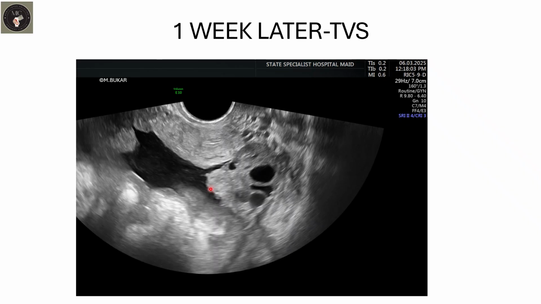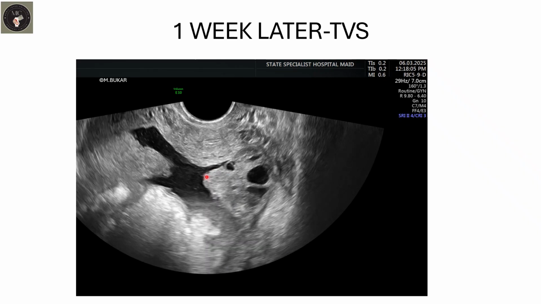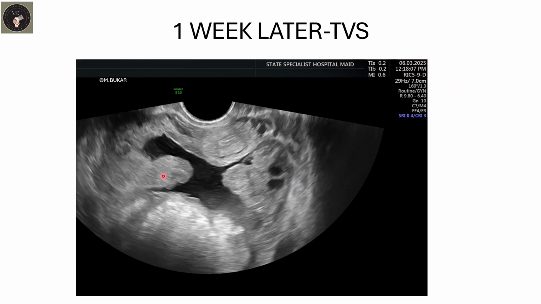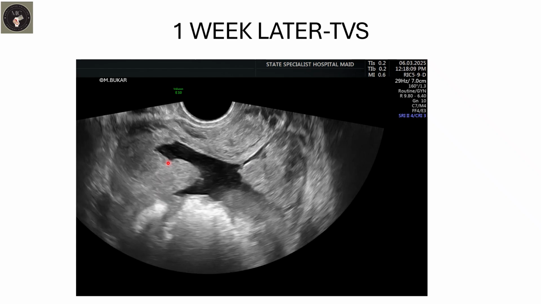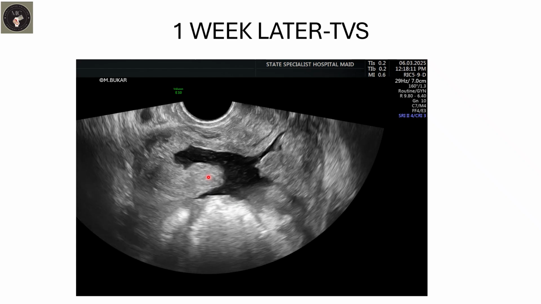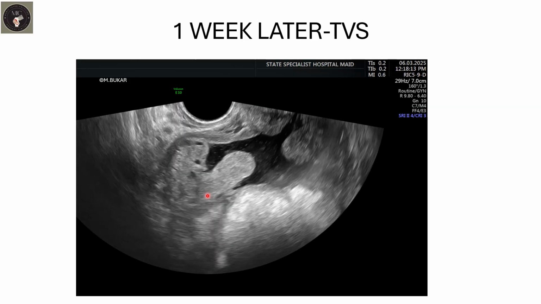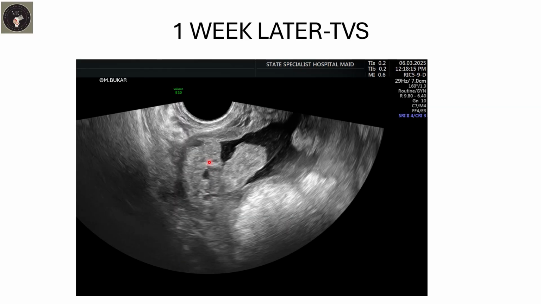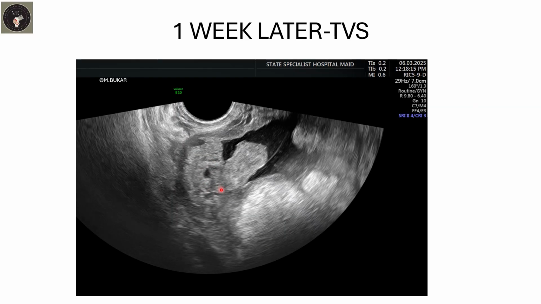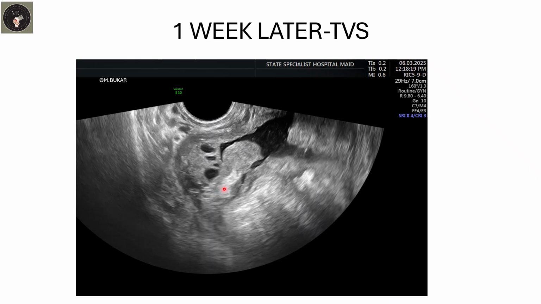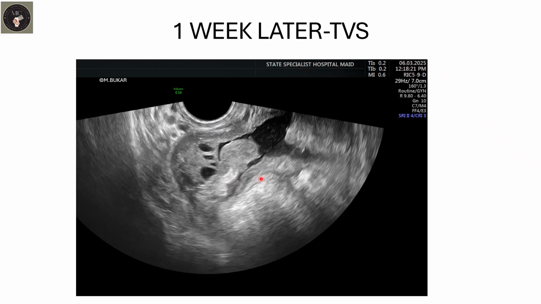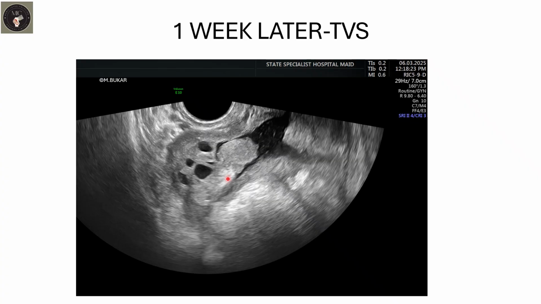Note that the surface of the fallopian tube here is not smooth, as you can see. Same with this. The ovary here. Look at this area, it is more echogenic.